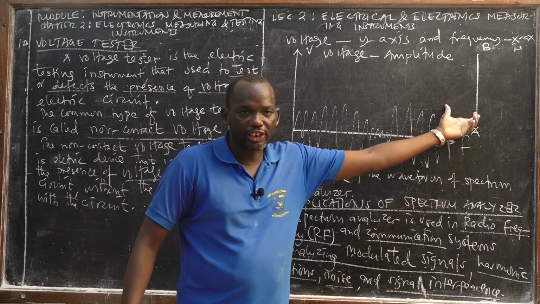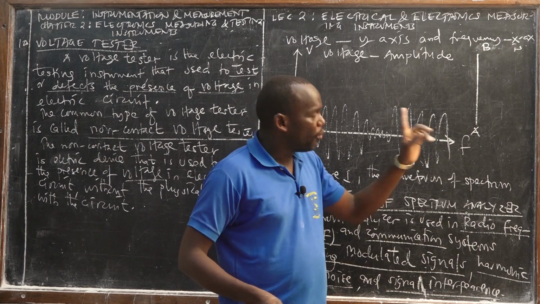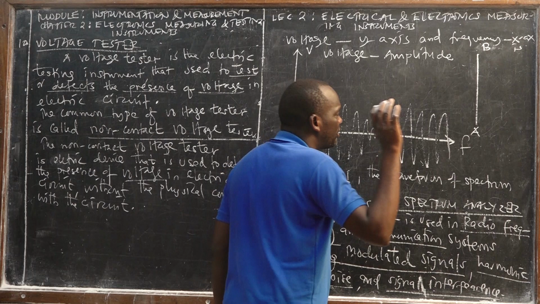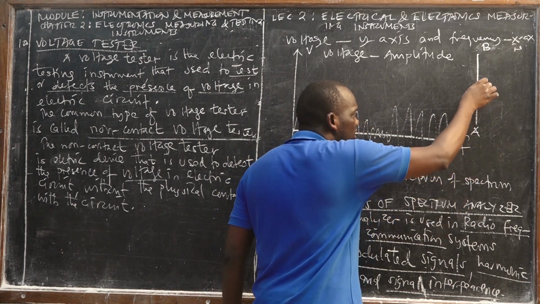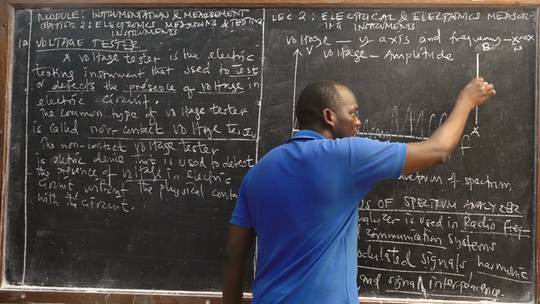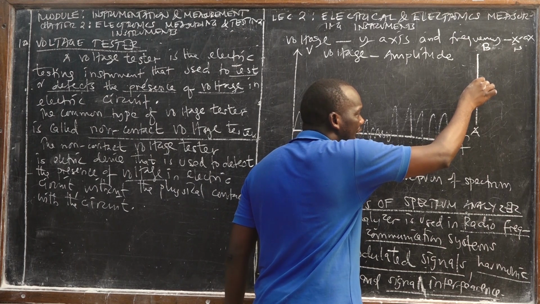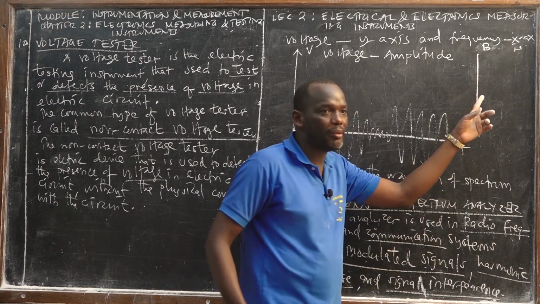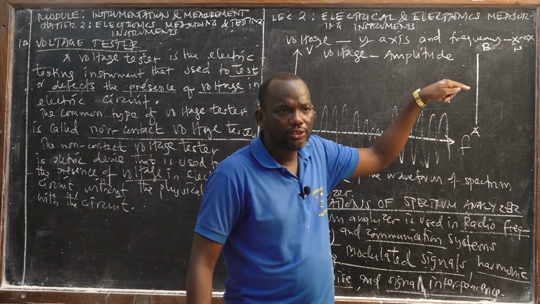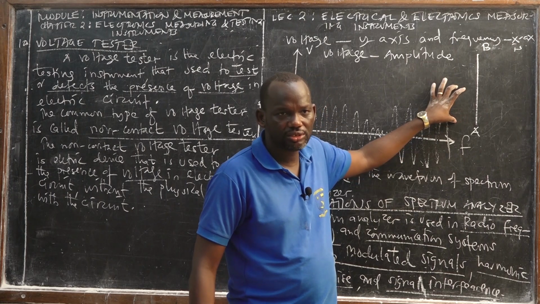When you bring the voltage tester closer to this cable, it will detect the voltage. If it is a digital voltage tester, it gives you the actual measurement. If it's just to test, it can give you an alarm, a beep. So whenever you hear a beep, there's a voltage. If there is no beep, there's no voltage.